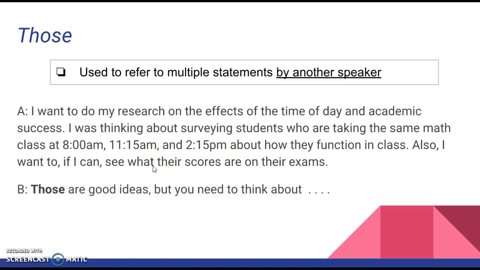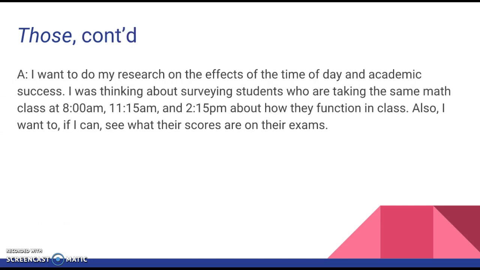B responds, "Those are good ideas, but you need to think about." Okay, so when B says those are good ideas, those is referring to all the ideas that A has presented. There are multiple ideas presented by this first speaker, and B is referring to all of them using this word those. So those in this case is a pronoun.